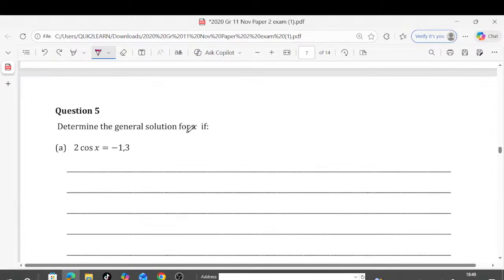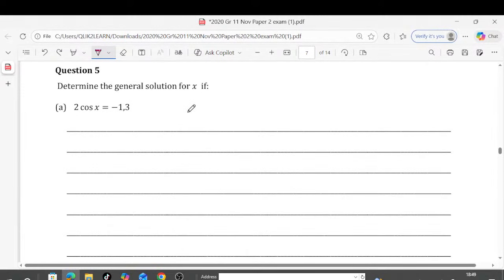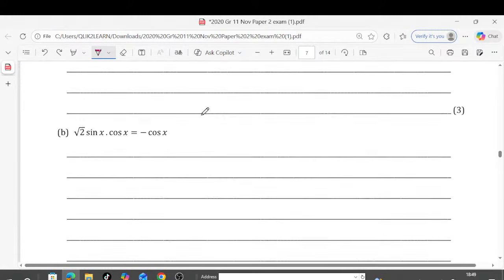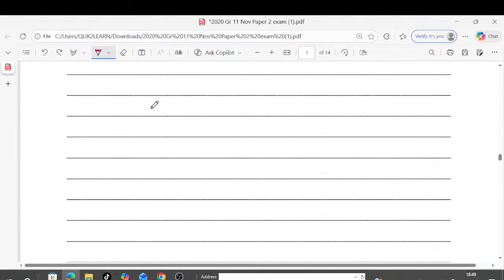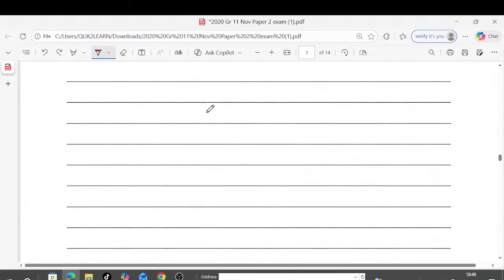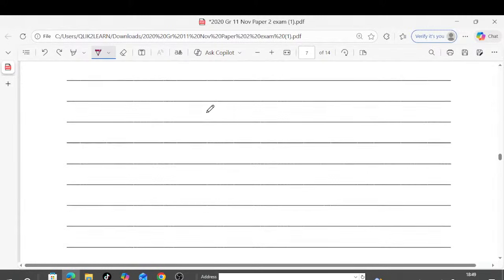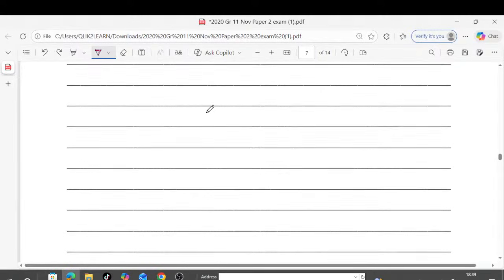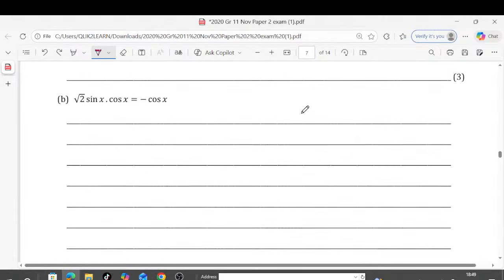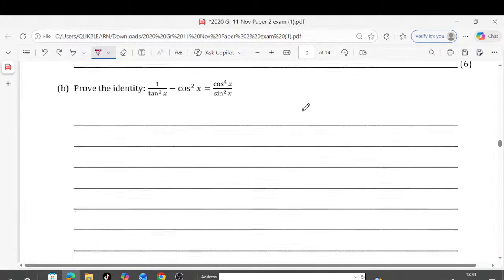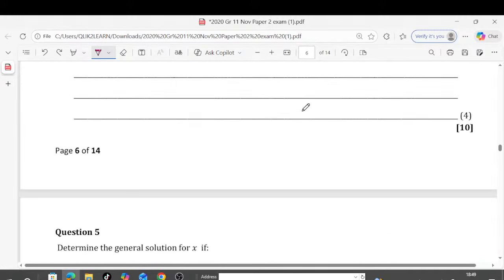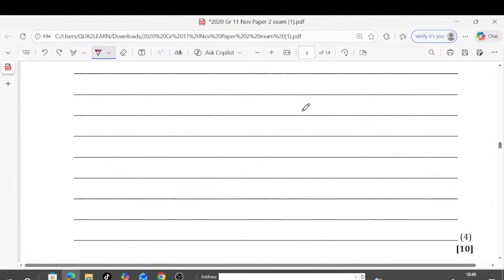Then after proving the identity, you're going to determine the general solution, and then determine the general solution again. So how many marks? 7 marks for the general solution, plus 3, that's 10. So the general solution is 10. Proving the identity is 4. So now you're going to have a question that is out of 14 marks.